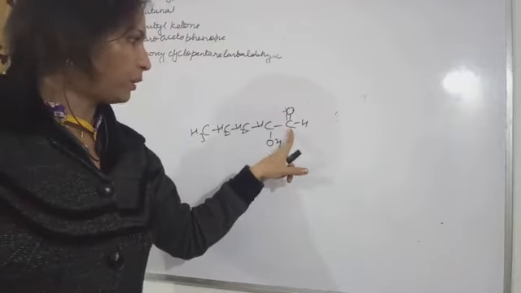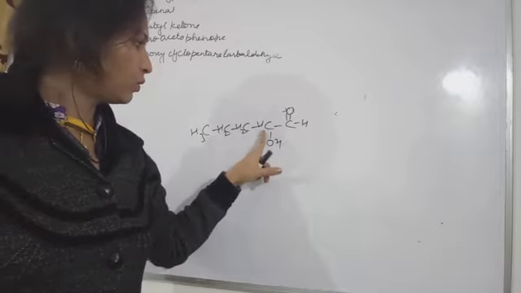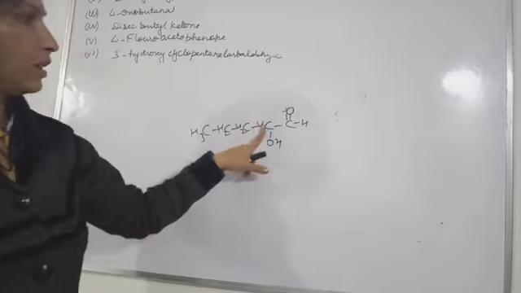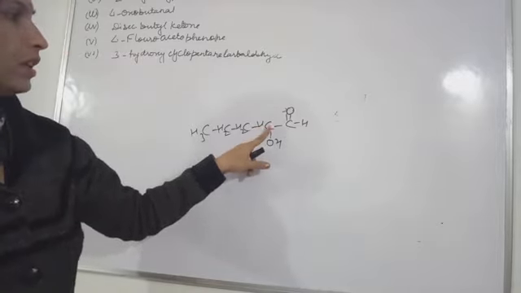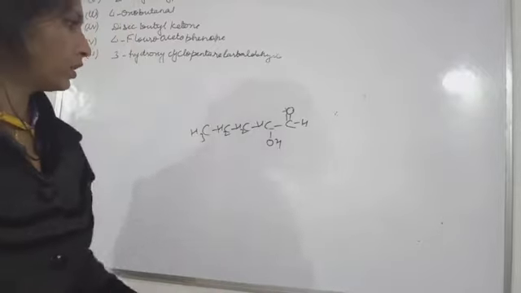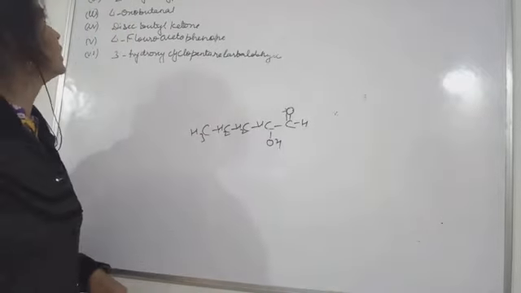So this carbon is assigned number 1, then 2, 3, 4, 5. The second carbon possesses the hydroxy OH group. So this was the structure of the compound.